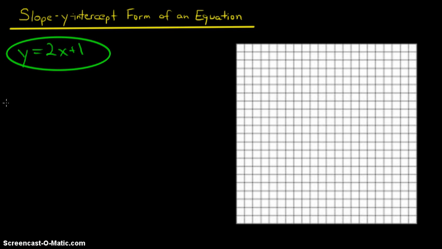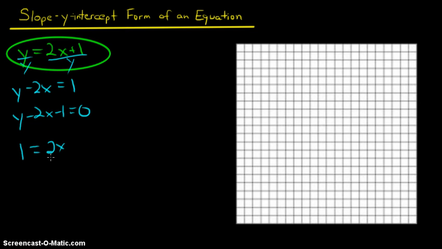If you remember from algebra, I could turn it into y minus 2x equals 1, or I could take the 1 over on that side, and I could say, y minus 2x minus 1 equals 0. I could divide everything by y and end up with 1 equals 2x over y plus 1 over y.